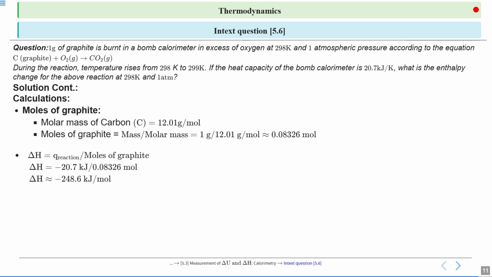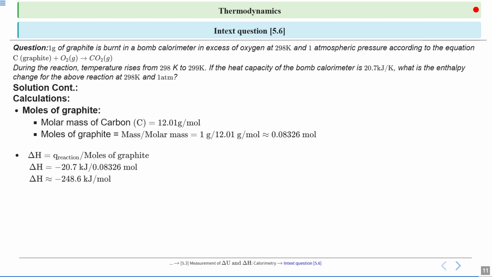I am directly putting it as delta H because this is a task for you. Just try to calculate the relation between the delta H and delta U, and you will find from this reaction that delta H is equal to the delta U because of the same number of gaseous moles on the reactant and product side.